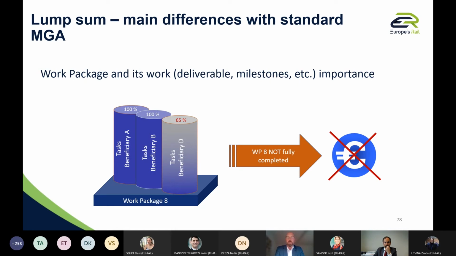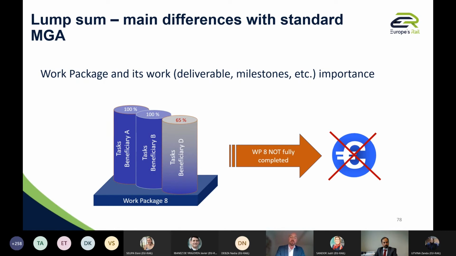And one of the basic principles is for the payment scheme, we have some tasks associated to some work for a beneficiary A, another task for beneficiary B, and lastly, the third beneficiary with some task associated to the same work package. The principle is that the lump sum share corresponding to the work package is paid to you from the moment the work package is complete.